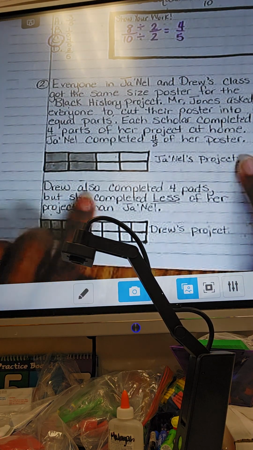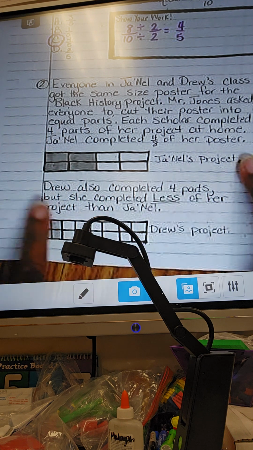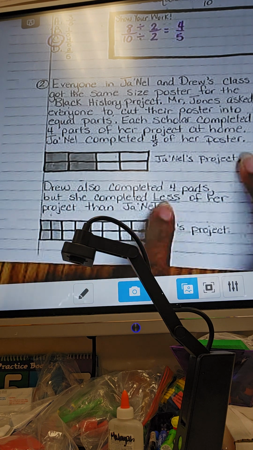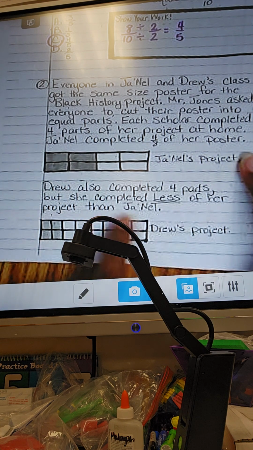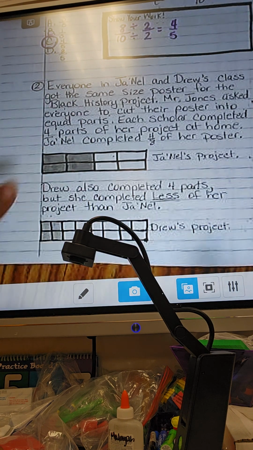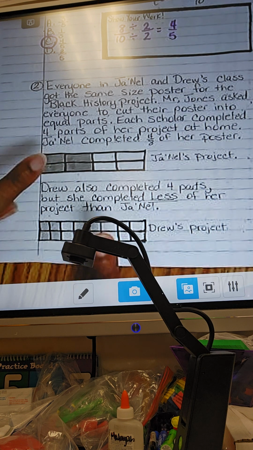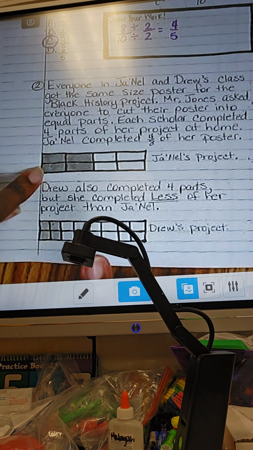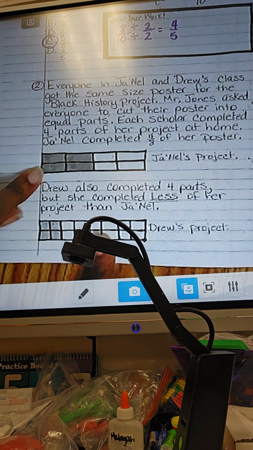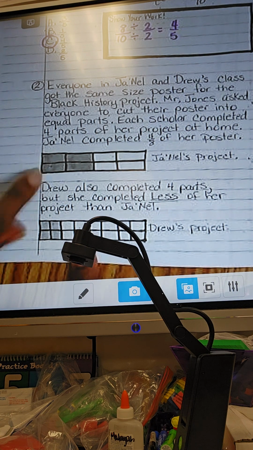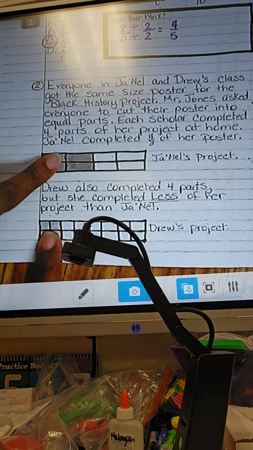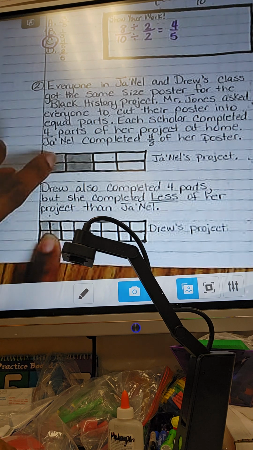Drew also completed four parts, but she completed less of her project than Janelle. So if you look at both of the models, they're the same size, but the bottom one is cut into smaller pieces. In other words, this piece here is cut in half.